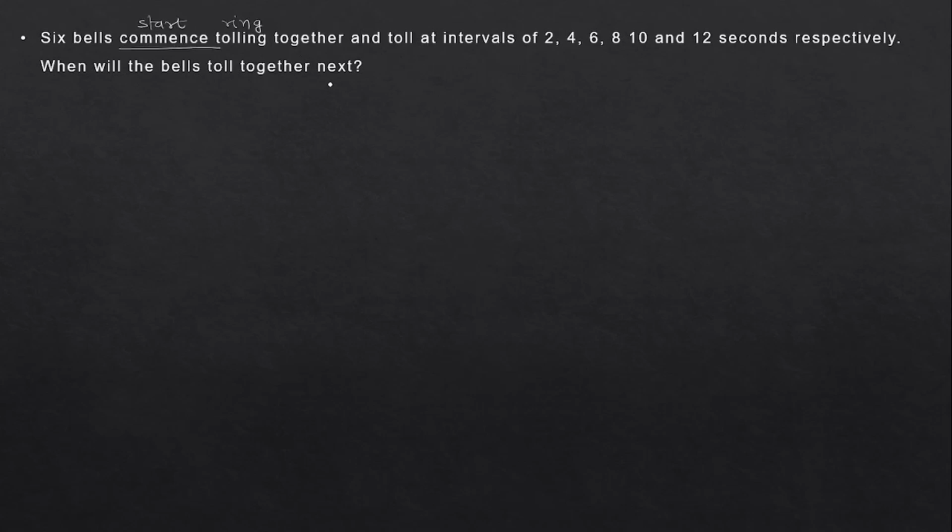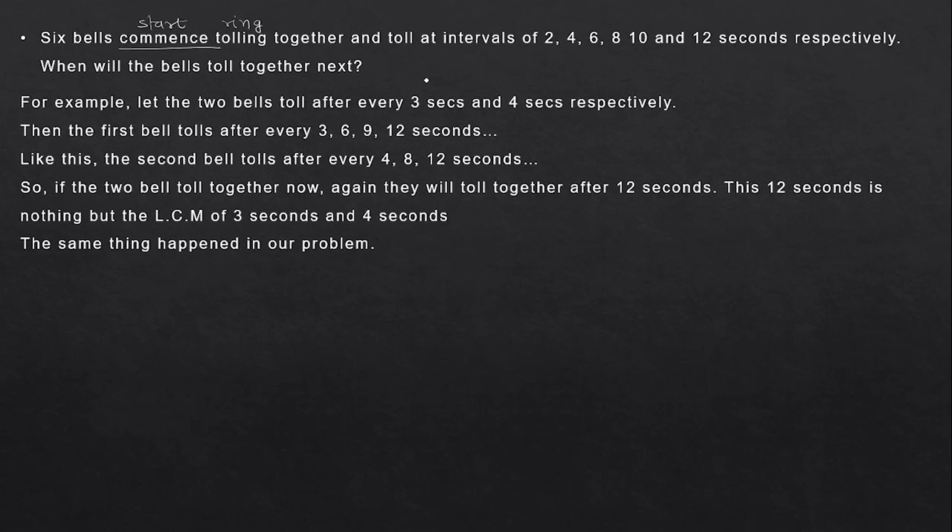So let us understand using two bells, let there be bell 1 and bell 2. Here we are assuming that they start together and they ring after every 3 seconds and 4 seconds. That means at 0 seconds both bells start, but then bell 1 will next ring at 3 seconds, 6 seconds, 9 seconds, 12 seconds and so on.